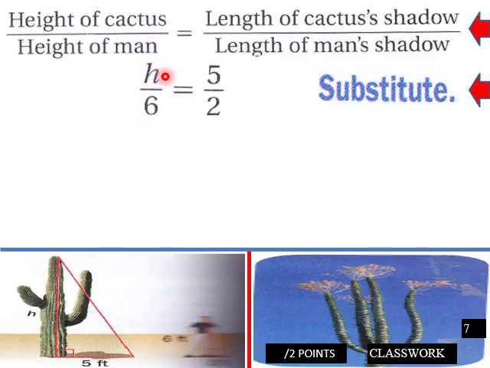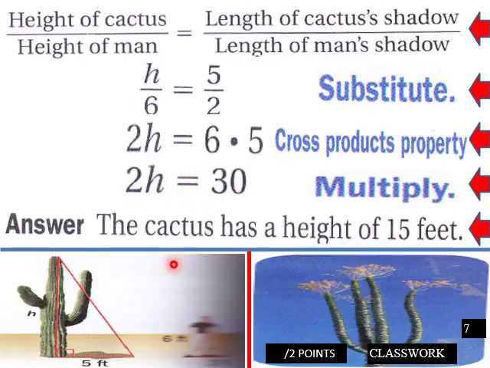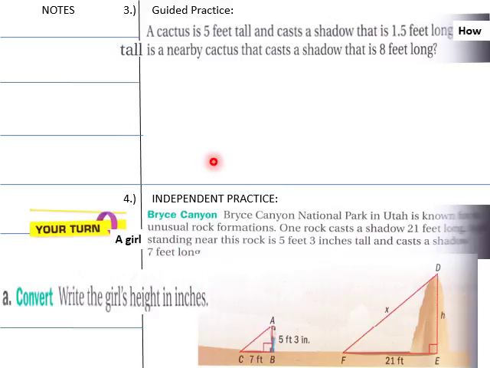We want to find that out. h over 6 equals 5 over 2. So we form a proportion here with height and shadow lengths. And then to do this, we cross multiply. 2h equals 6 times 5, and then 2h equals 30, and then h equals 15. So the height of the cactus would be 15 feet using this model of finding height.